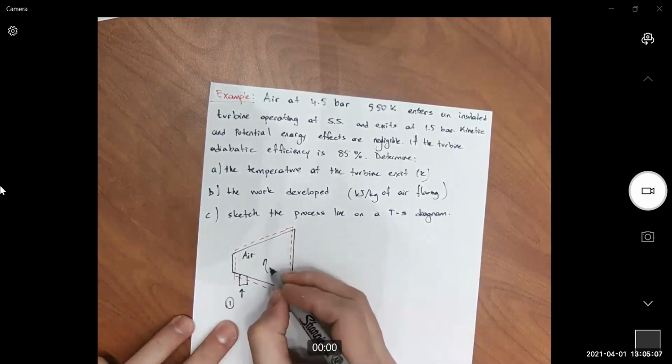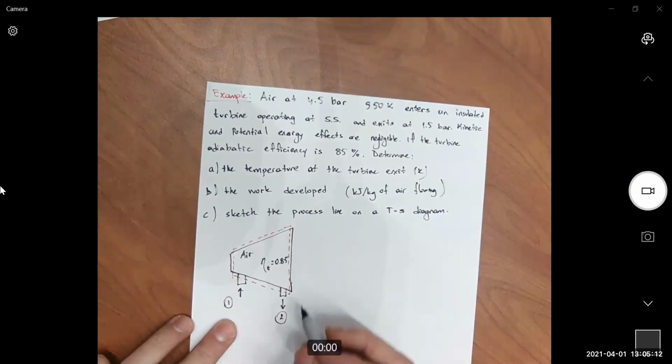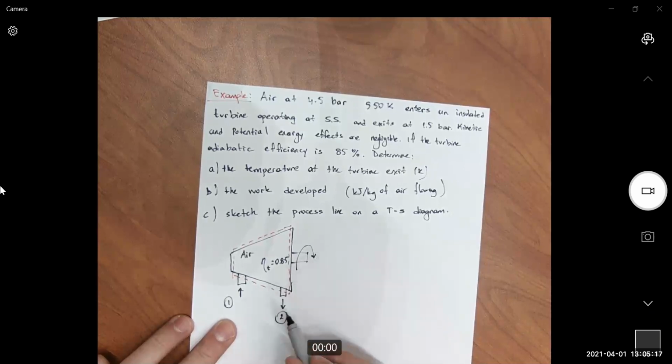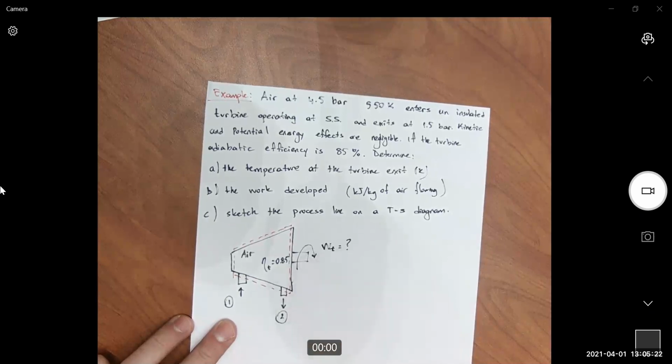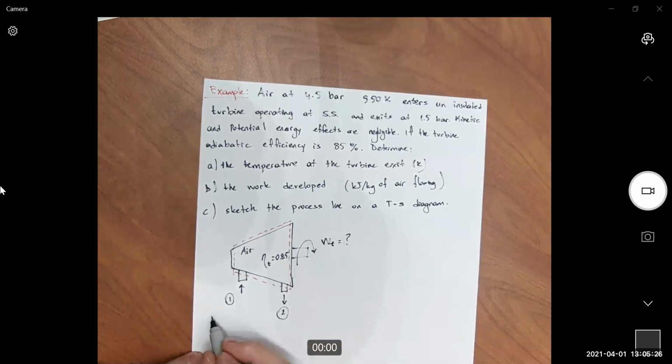Adiabatic efficiency of the turbine is 85%. Okay. So pressure at the inlet is 4.5 bar. Temperature is 550 Kelvin. The exit pressure is 1.5 bar.